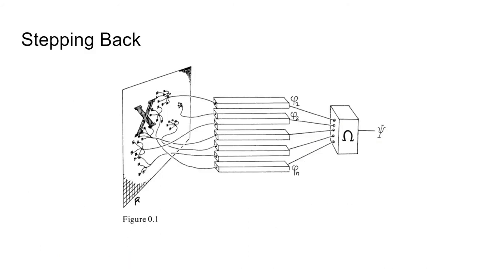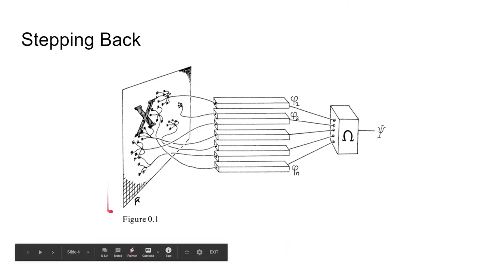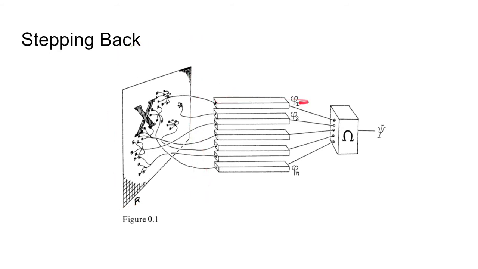What I want to do today is step back and look at that same thing in a slightly different way. This is the diagram that I used to depict the perceptron. You've got some sort of raw input. You've got some set of feature detectors, doing some computation on that input to produce some value.